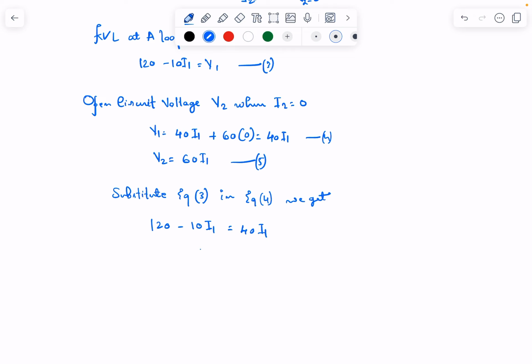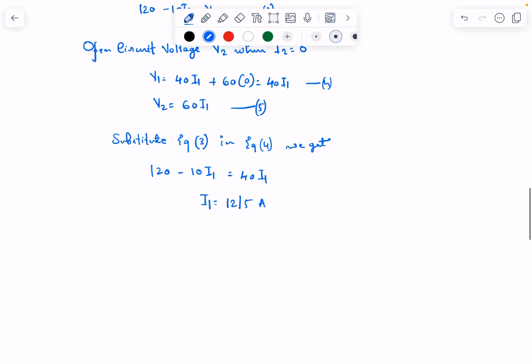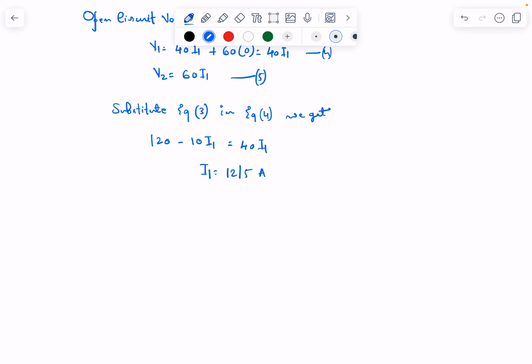After solving this, we'll get I1 is equal to 12 by 5 amperes. Now my V2 is equal to 60 into 12 by 5, that is equal to 144 volts. So this is my open circuit voltage, VOC.